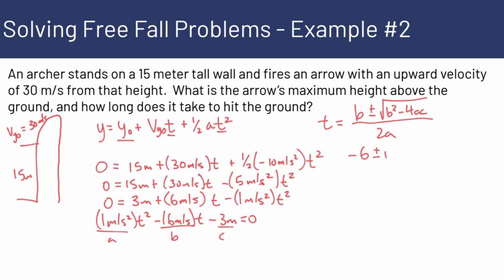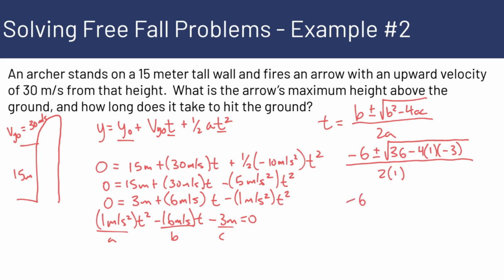Plus or minus the square root of B squared. So that's 36 minus 4 times A, which is 1, times C, which is minus 3. And that's all over 2 times A, which is 1. All right. Now we're going to simplify this down.